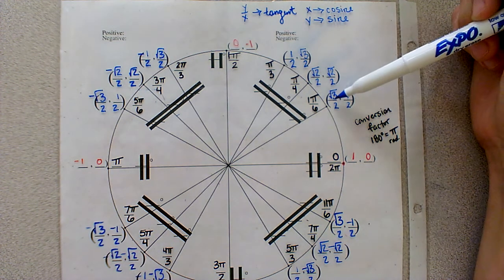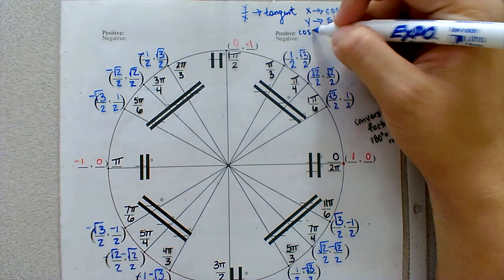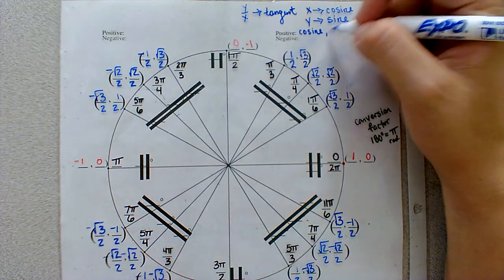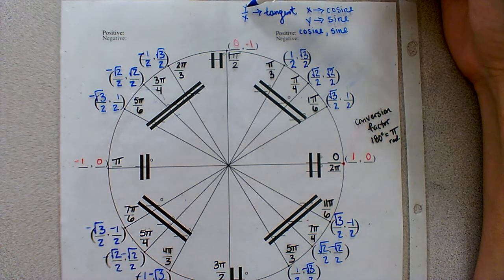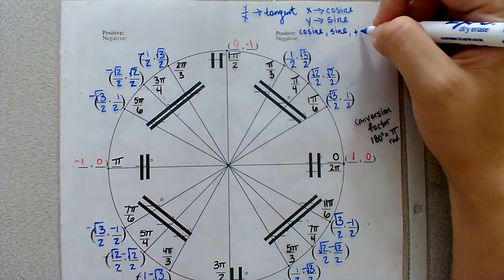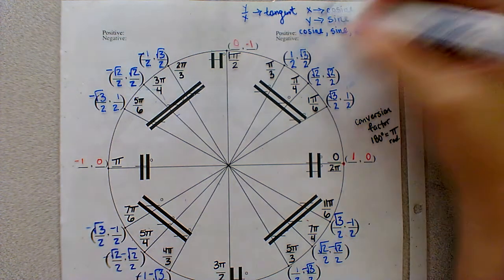So in our first quadrant, notice how we had positive x values, so that must mean cosine is positive. We also had positive y values, so sine must also be positive, and if you were to take a positive y divided by a positive x, you would get a positive value, so therefore our tangent value should be positive as well.